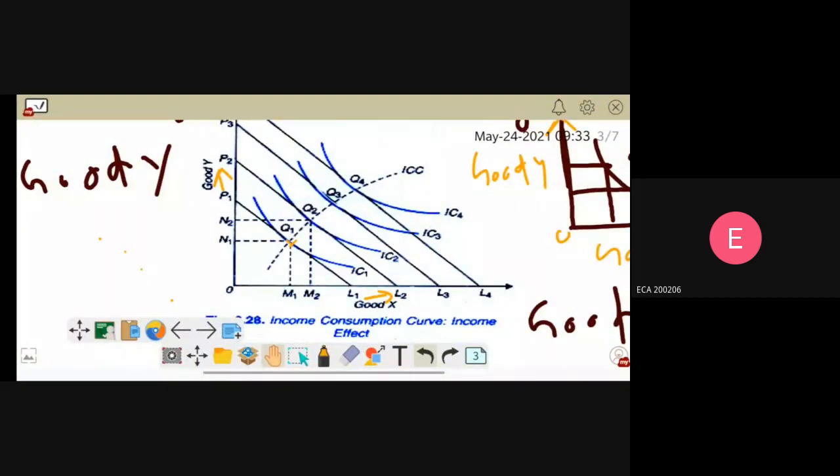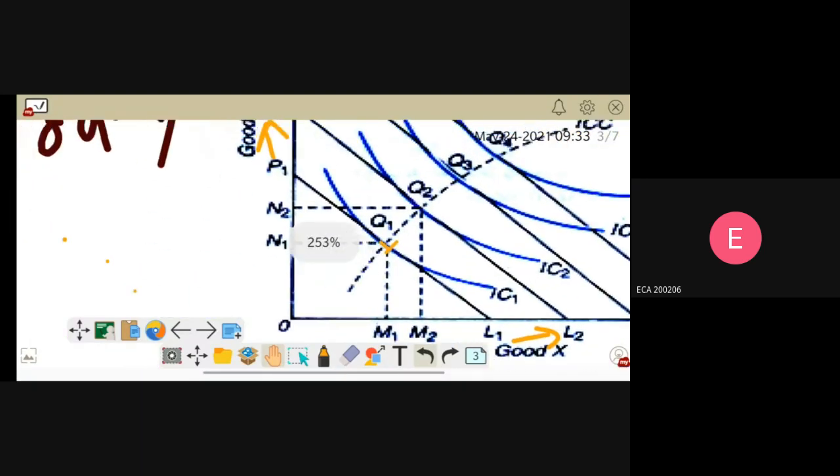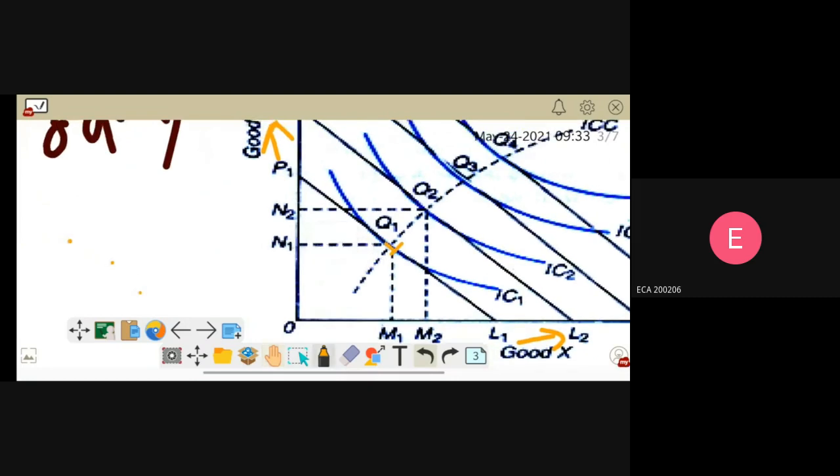You are also familiar with the price line. Here in this diagram, the first price line is P1 L1. If the consumer spends all his income on the purchase of Y, then he can buy good Y up to P1.